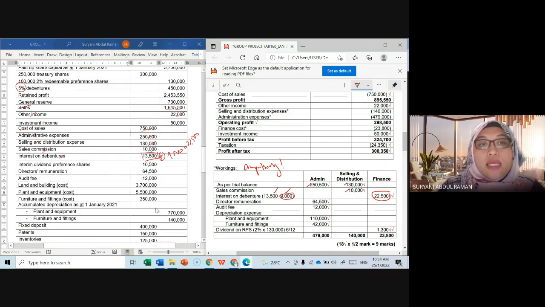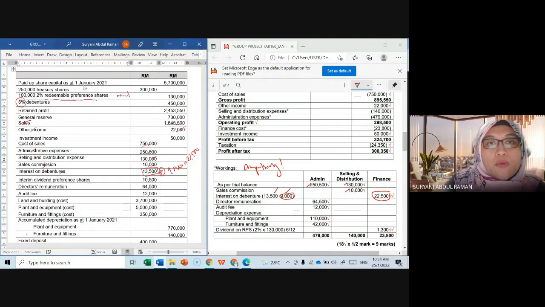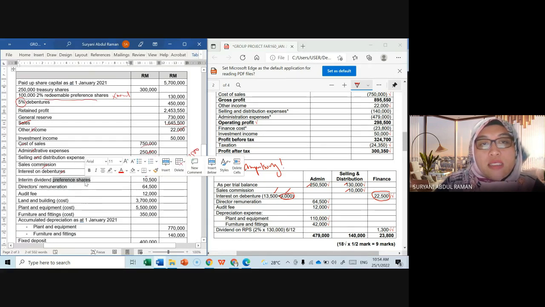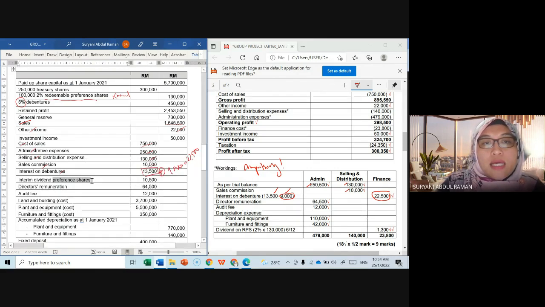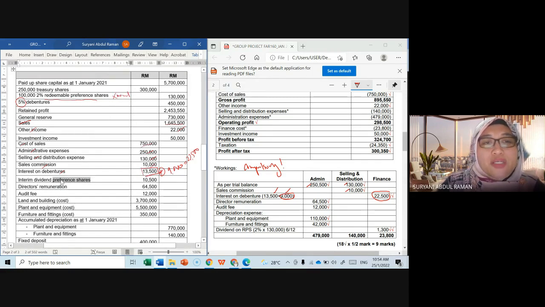Okay, let us continue. Next, interim dividend on preference share. Okay, we have how many shares? This one is also preference share. Please be very careful. The earlier one was redeemable preference share, not the normal preference share. The interim dividend here, they are talking about dividend, preference share only. They do not mention redeemable. They only mention dividend and preference share.